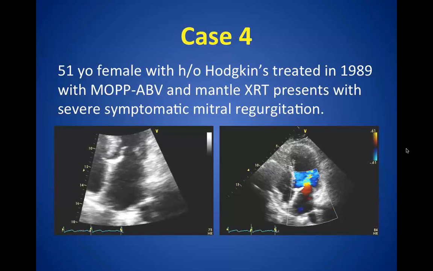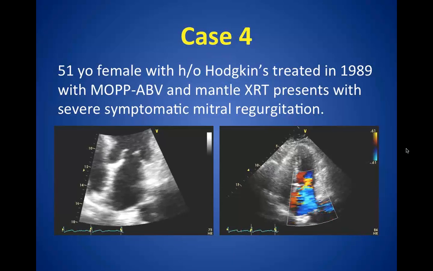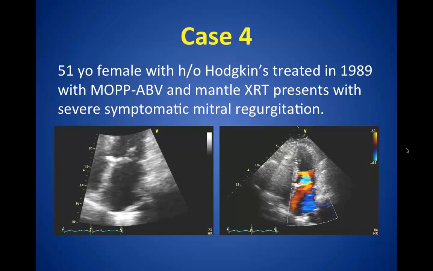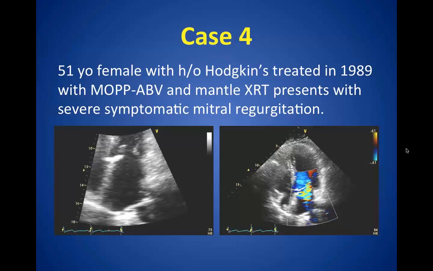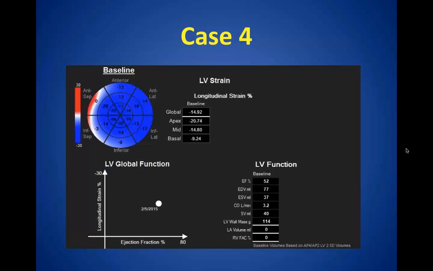With color Doppler, you can see the patient has a severe degree of mitral regurgitation filling up the entire left atrium. When we did strain on this patient, interestingly, the anterior and anteroseptal part of the heart here, we see decrease in strain numbers. And so this is also more prominent along the base. It corresponds to the changes that we saw on the patient's mitral valve.